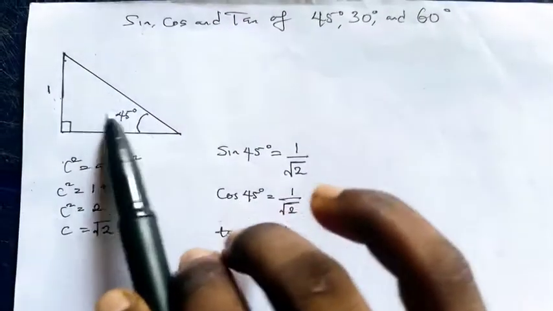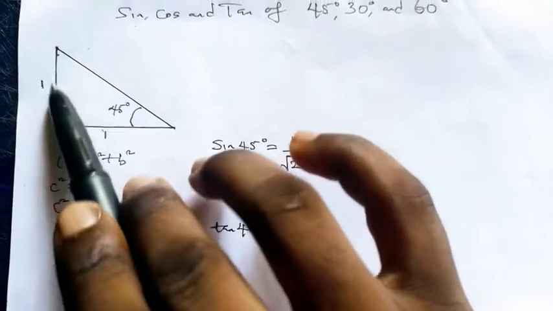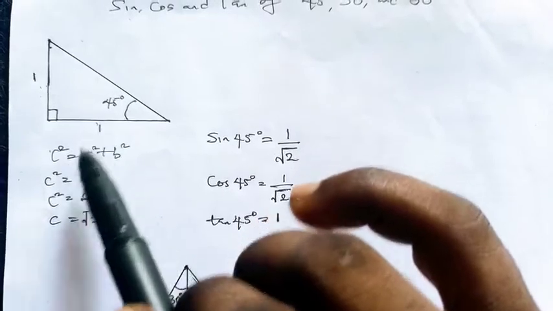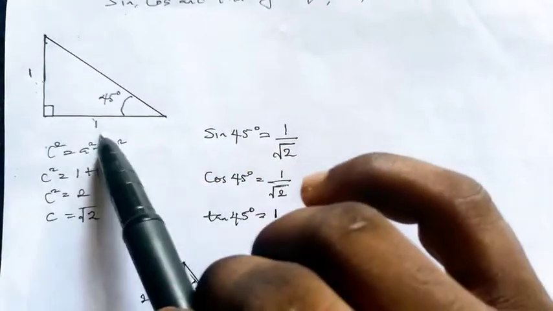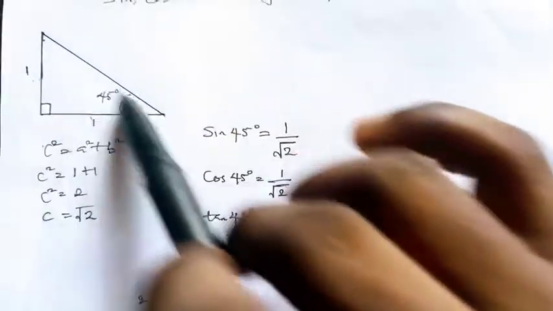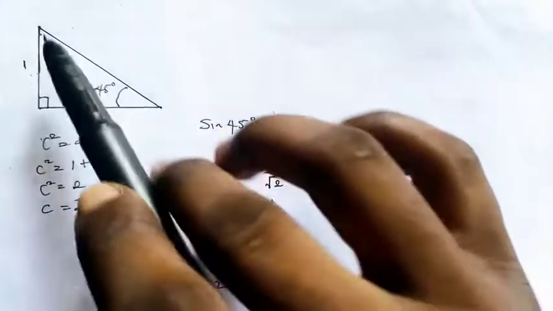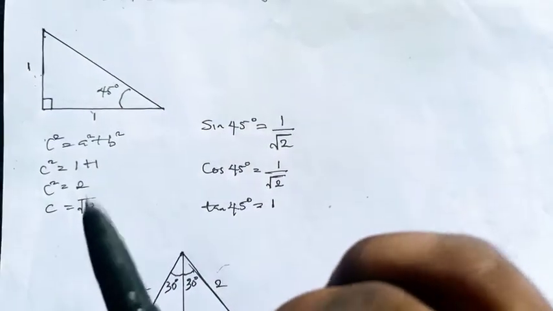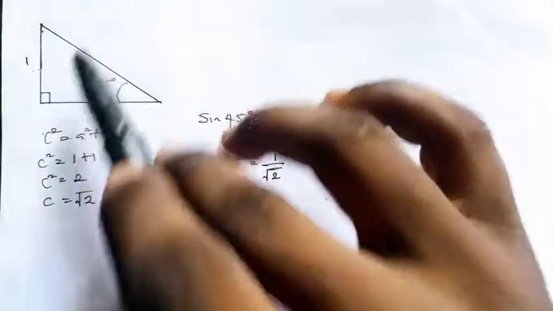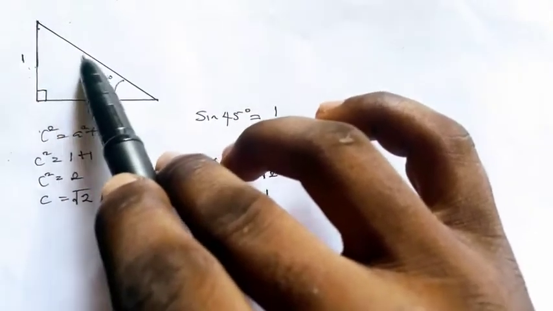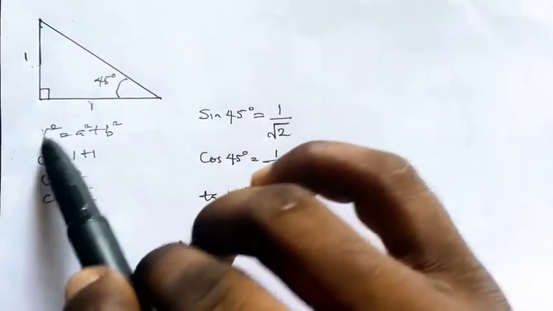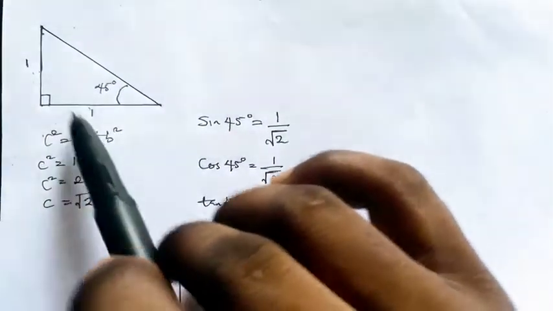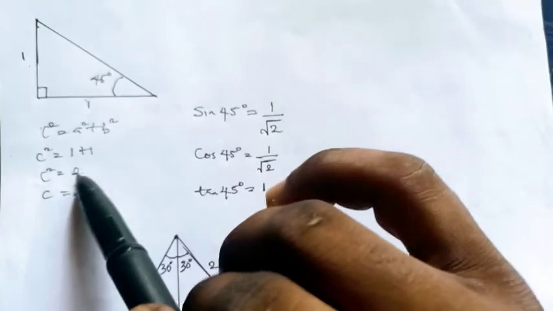So first we have a right angle triangle where our opposite side is given as 1 and our adjacent side is given as 1. So this is a unit triangle here. We are not given the length of the hypotenuse, but we can get it using c squared equals a squared plus b squared, where a squared plus b squared is just 1 plus 1, which is 2.